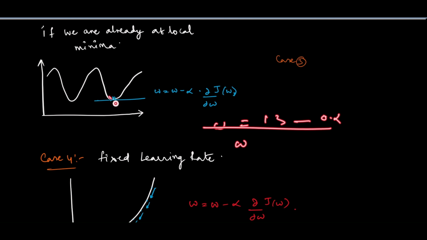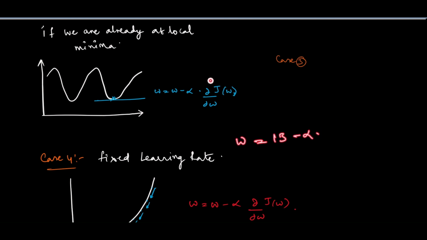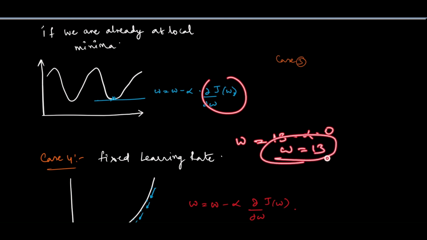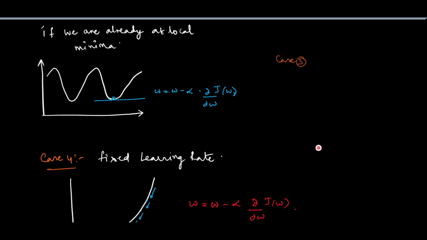If we are at W equal to 13, then W is equal to 13 minus alpha into 0, so ultimately we stay at the same position. If we are already at the local minima, we will not move, we can't move. So this is how it is.